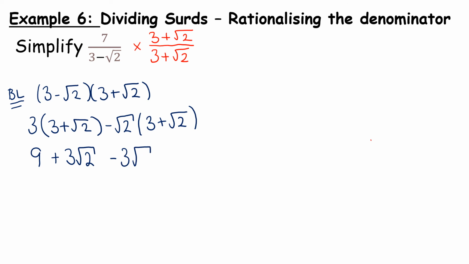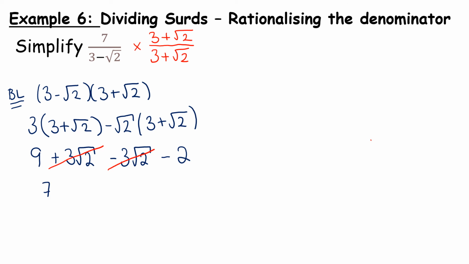And minus root 2 by plus root 2 is minus, and then it's 2. Root 2 by root 2 is 2. So now what we have, and what we expect, are those irrational or surds in the middle cancel out, and I have 9 minus 2, which is 7.